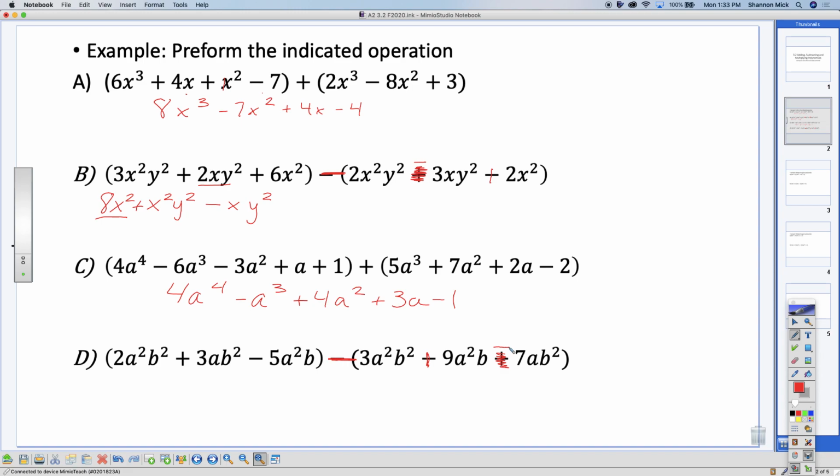I distributed my negative because there was a negative out front, so it has to go through. So this becomes positive and negative, and this would be positive, and this would be negative.